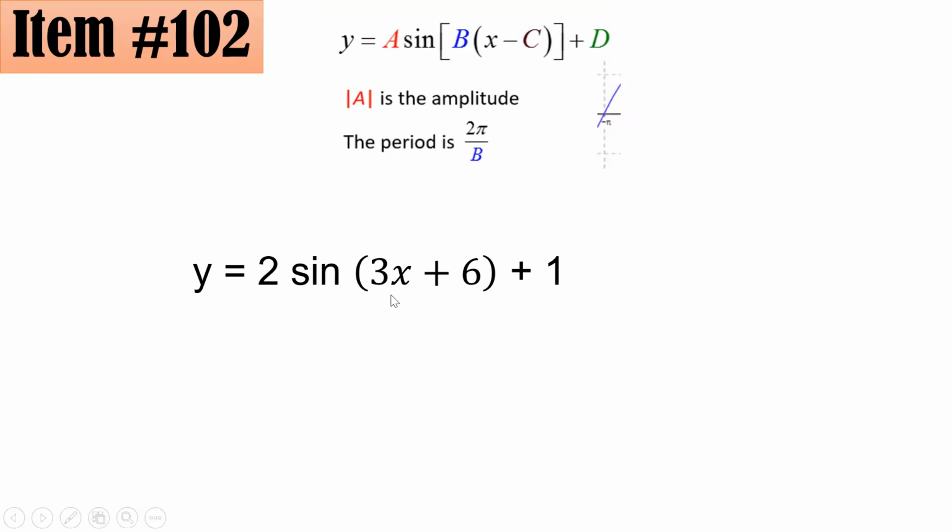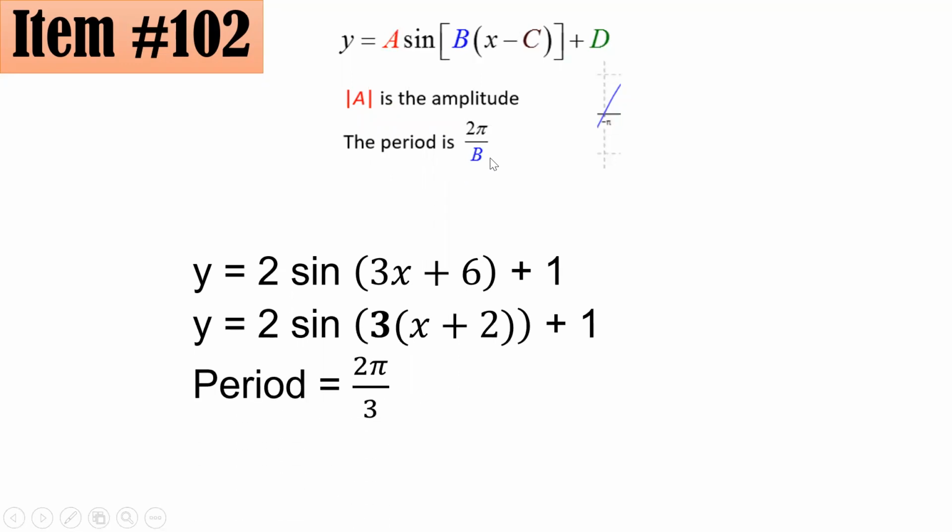So the GCF here is 3. I factored out 3, or kung ano man yung numerical coefficient ng x mo, yan yung i-factor mo. So y is equal to 2 sine of 3 times the quantity x plus 2, plus 1. And yung 3 na to po, ito po yung ating b. So therefore, its period is 2 pi over, since your b is 3, so 2 pi over 3. Letter B.